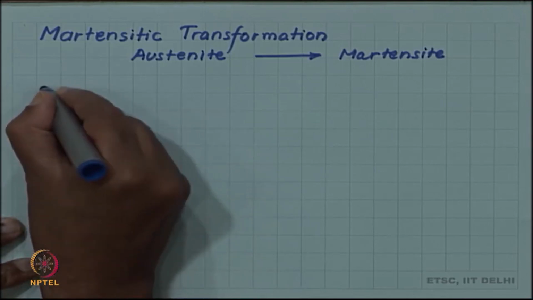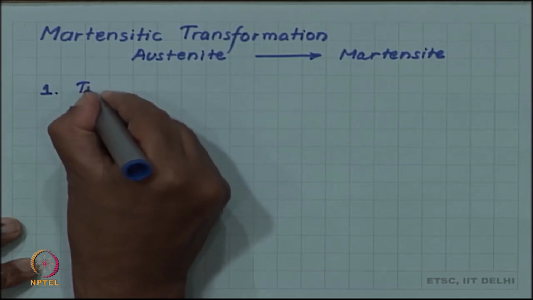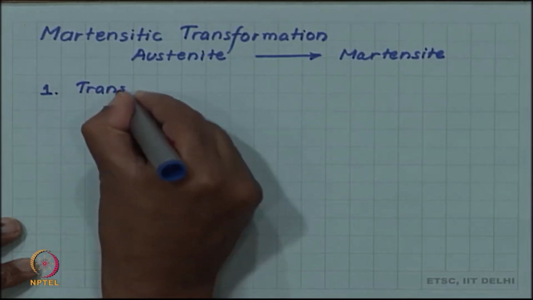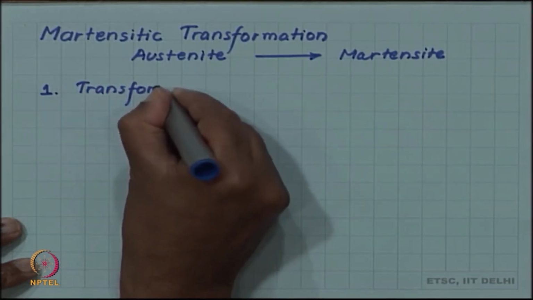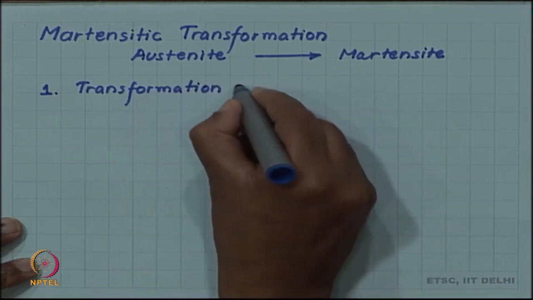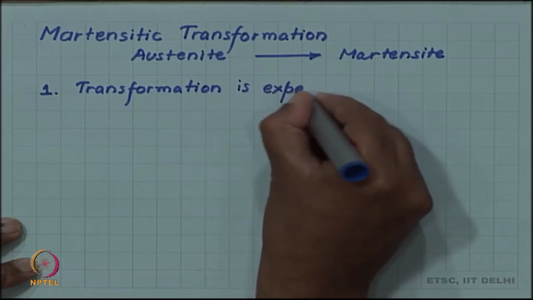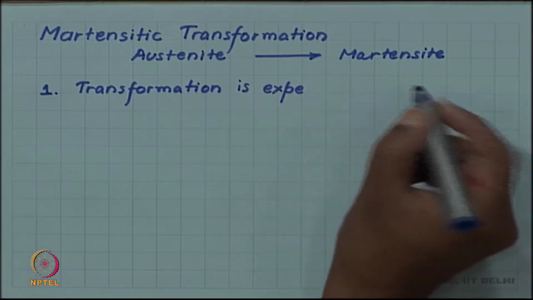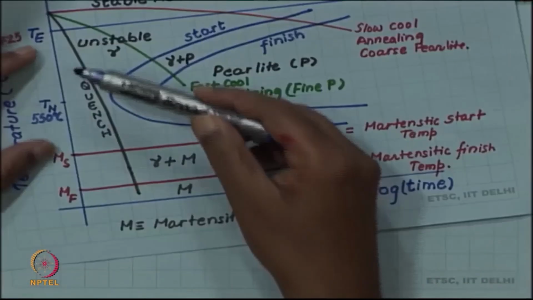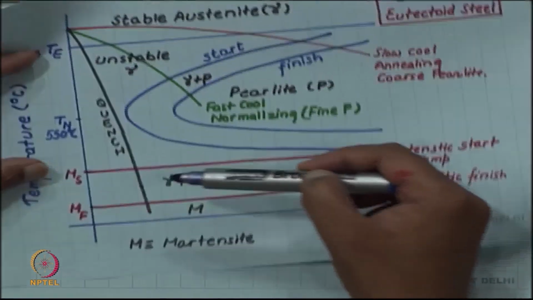First of all, the transformation is extremely rapid. And that is why it is possible to have the transformation even on rapid quenching, which is not giving much time for transformation to happen.